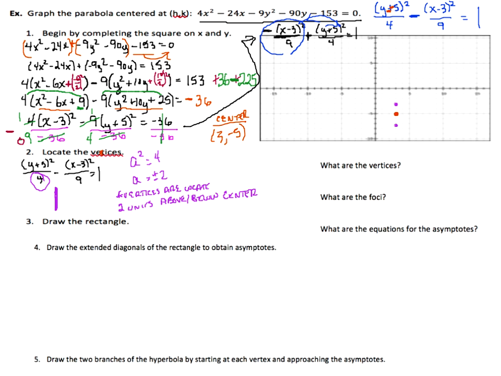And to answer what the vertices are, we can look at the mathematics within the coordinates here. So for 2 above, and the above and the below is happening on the y. That's the vertical direction. So our center is at 3, -5. And to find where the upper vertex is located, I want to add 2 to the y value.